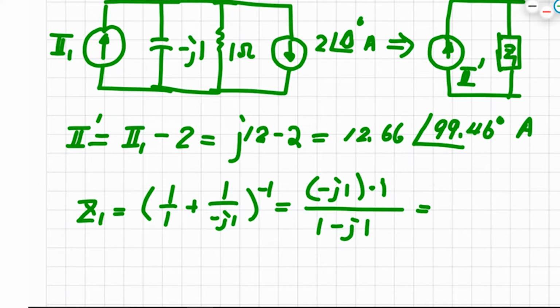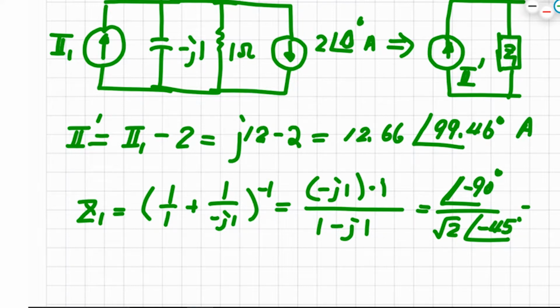By doing that computation, the numerator is simply equal to 1 at negative 90 degrees, because that's just negative J. And the denominator is root 2 at negative 45 degrees. So that is quite straightforward. That gives us root 2 over 2, and the phase angle is negative 45 degrees, in ohms.